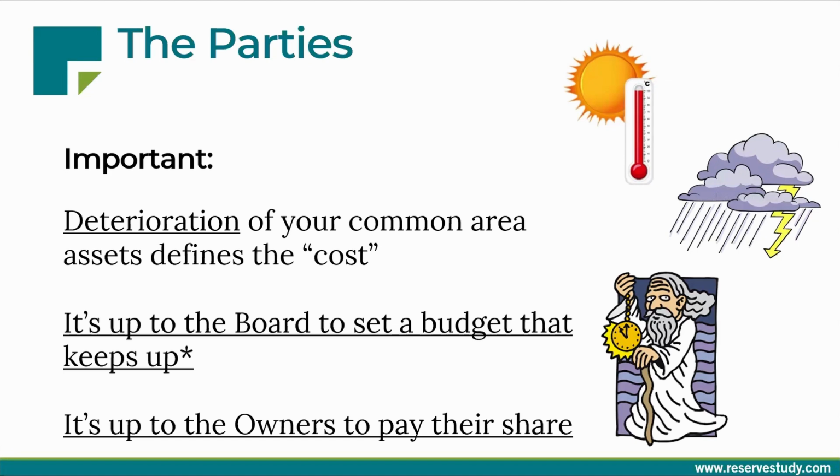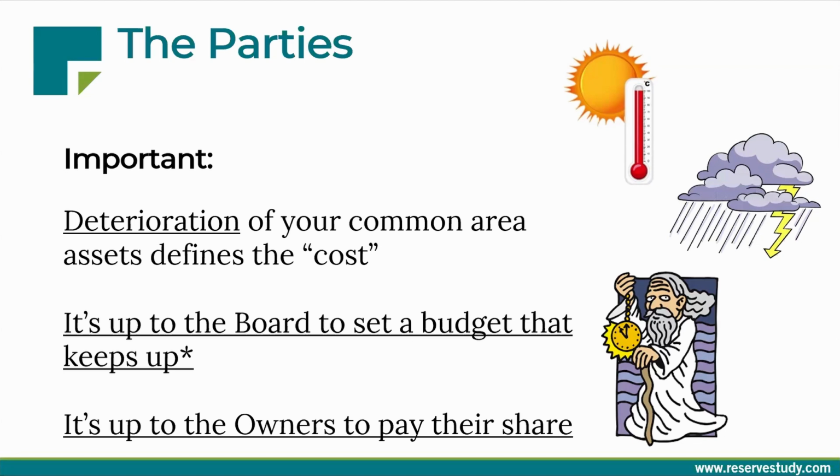Now, I put an asterisk there because in general, board members have the power to set a budget for the association. In some associations, based on their governing documents or state law, the homeowners get to vote to approve or deny it. But mostly it's the board's job to set a budget that keeps up with what needs to happen at the association.